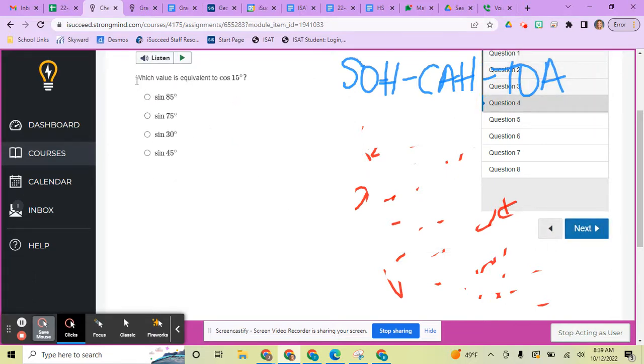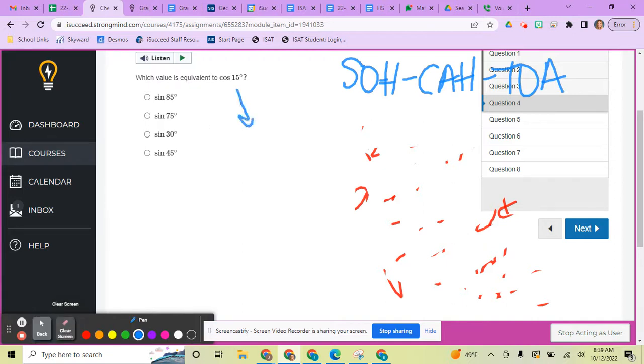Next question. Which value is equivalent to the cosine of 15 degrees? Okay, so you can actually calculate these using your scientific calculator. So if I do the cosine of 15, I get like 0.96.